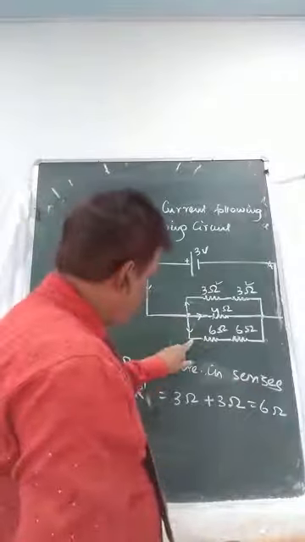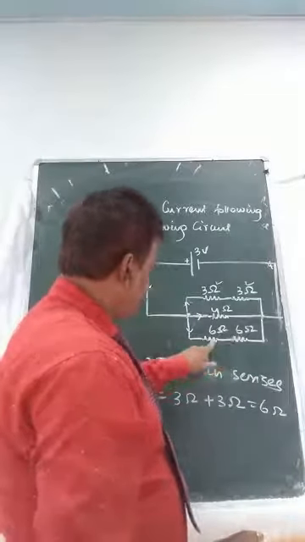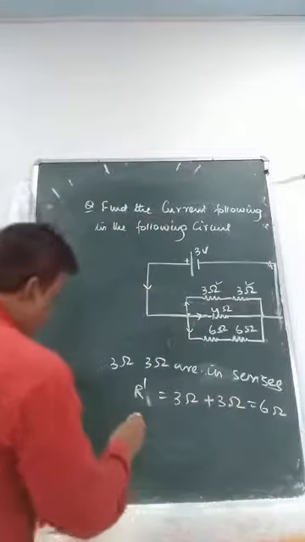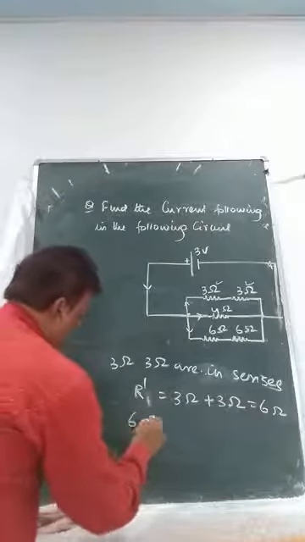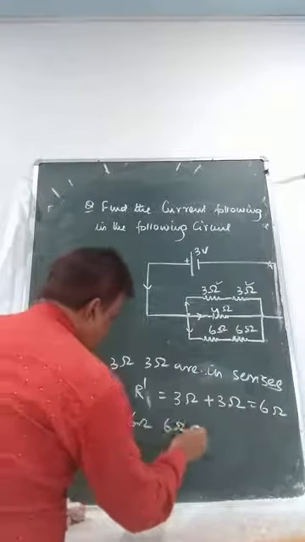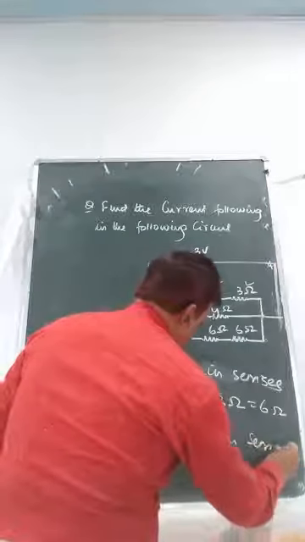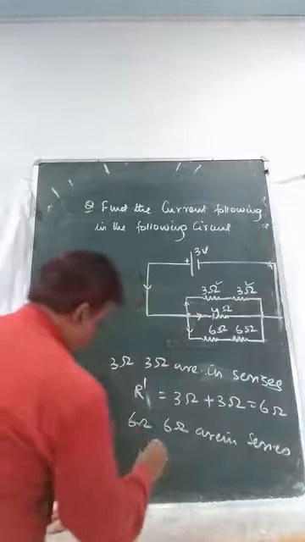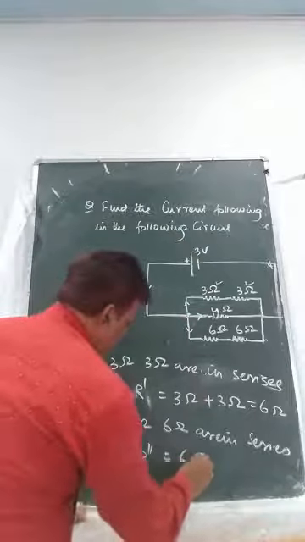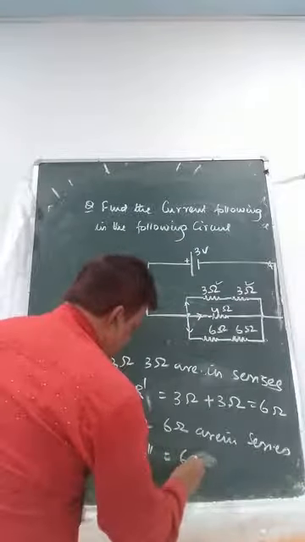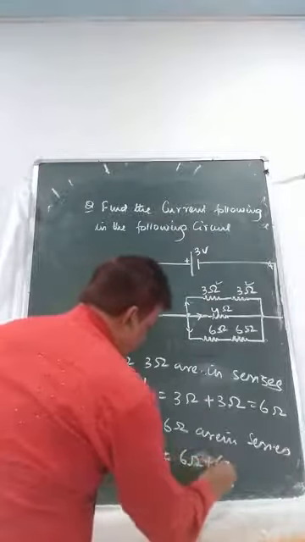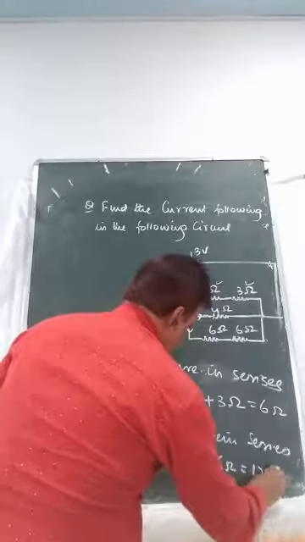Also, if you come here, this is again a series connection. 6 ohm are in series. So R double dash is 6 ohm plus 6 ohm, that is 12 ohm.